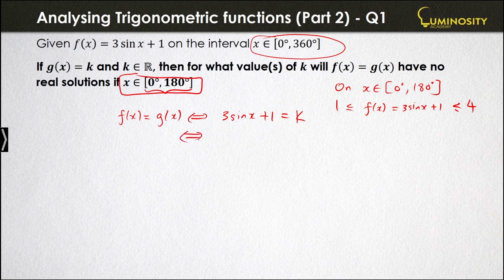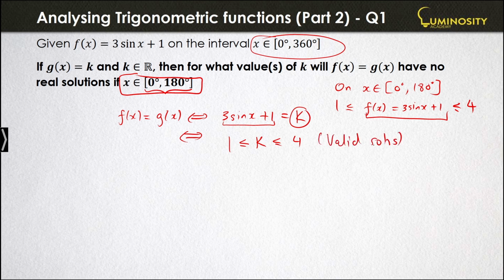So now I'll come back to this one here, and I see that this 3 sine x plus 1 is contained in this inequality here. That means that k, which is the same thing here, must be between 1 and 4. That is when you'll have valid solutions.